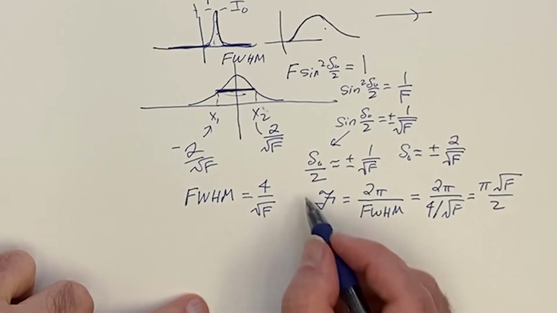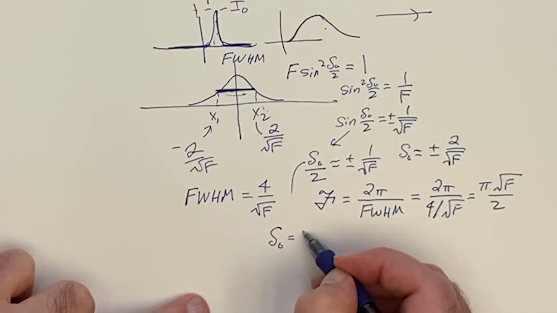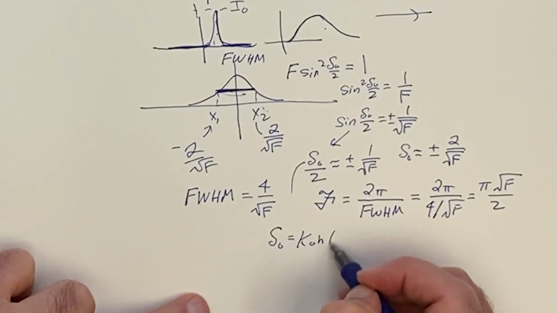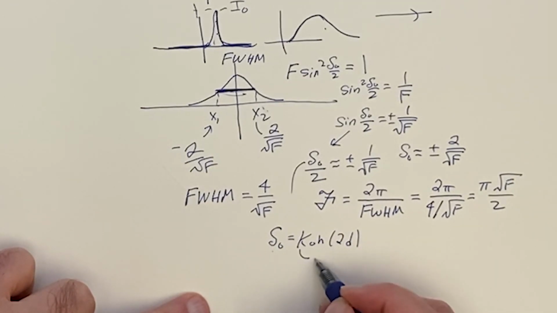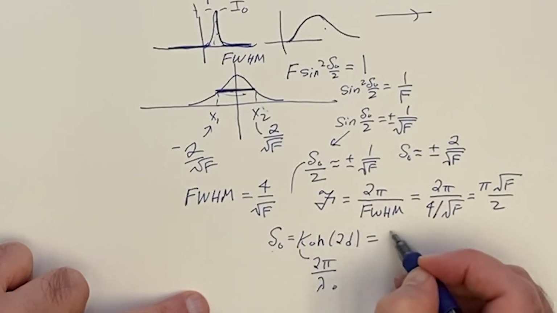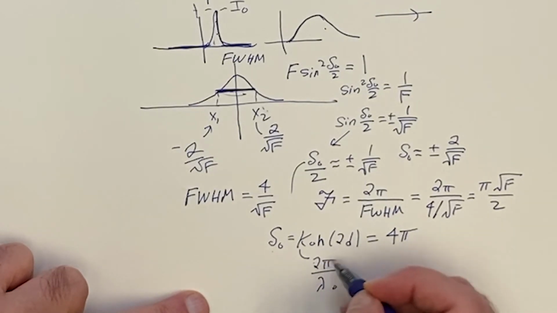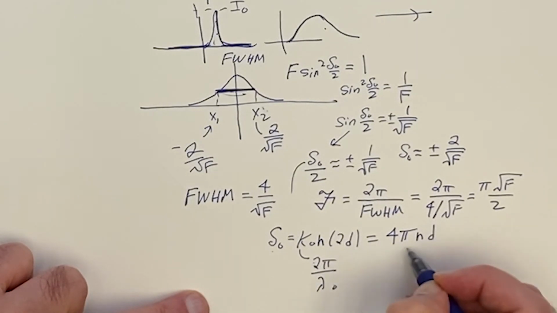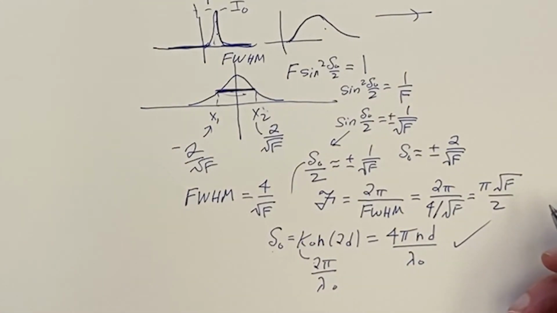And just one last final thing, notice that this definition that we had here with the k naught n 2d, you can always replace this k naught with 2 pi over lambda naught. And if you do that, then you get 4, 2 times 2, and then you get the pi and the n and the d over the lambda naught. That formula there can be useful at times.